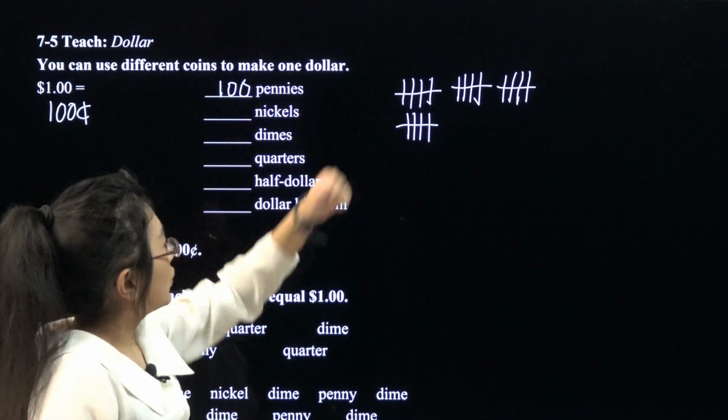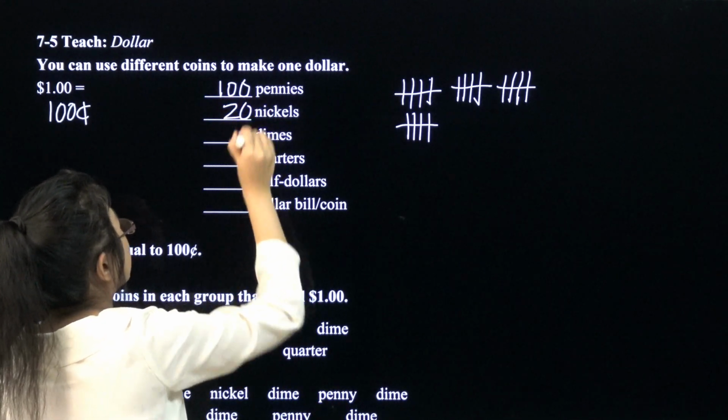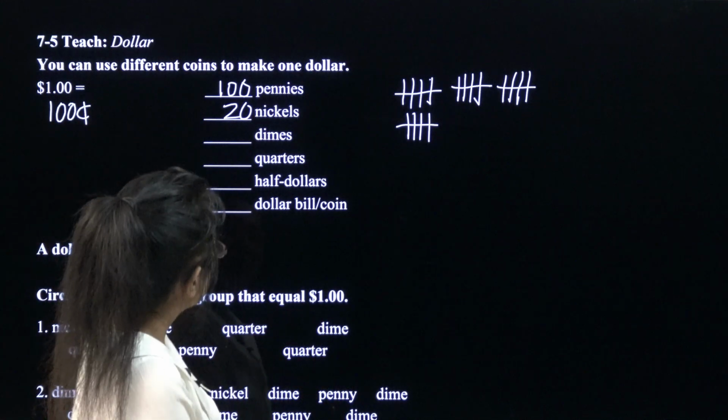That's 20 tally marks. So it'd take 20 nickels to get a dollar.